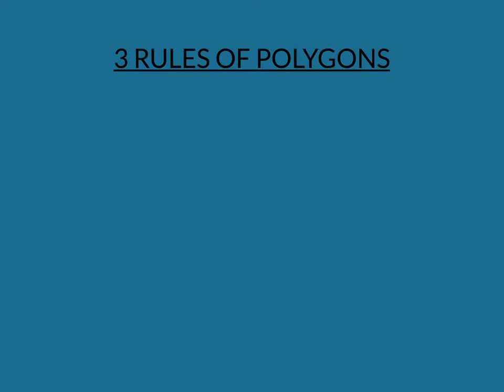At the top of your paper, write 3 rules of polygons. Now, the first rule of polygons is that they are all closed shapes.